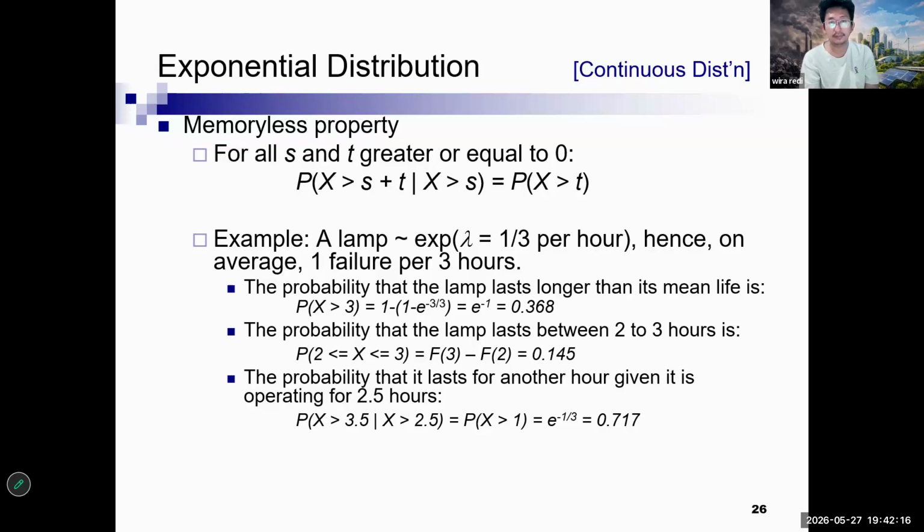For example, when you have a lamp that has already worked for 2.5 hours, the chance that it works for 1 more hour is the same as the chance that a new lamp works for 1 hour. Because we are talking about probability, the probability of the next event will not be affected by the previous event. That is one of the requirements to be modeled as an exponential distribution.